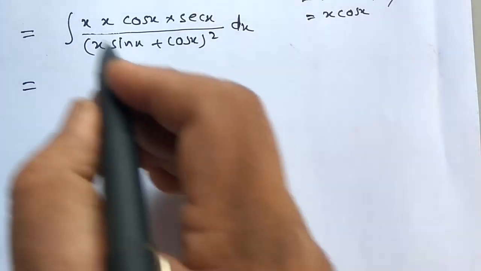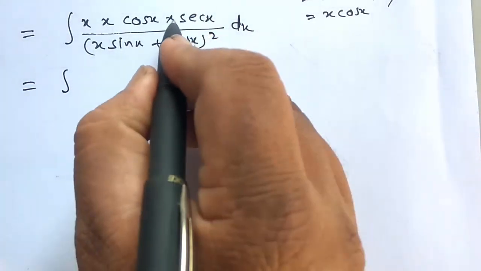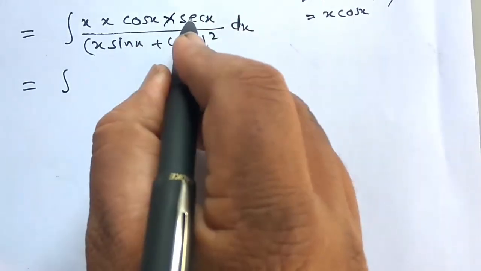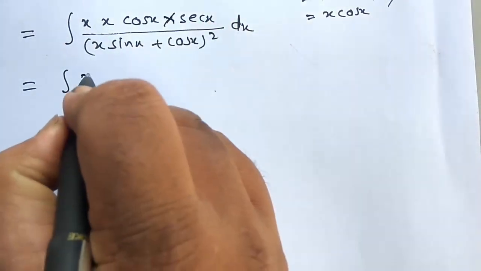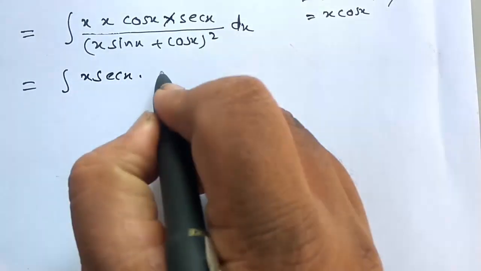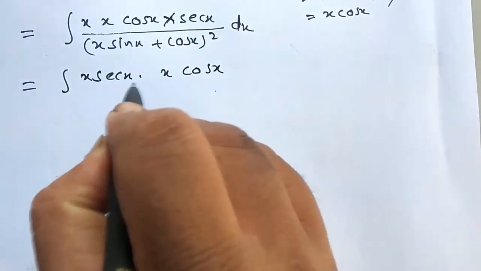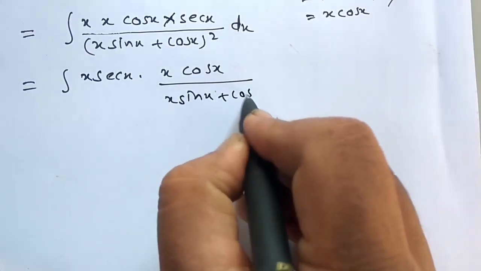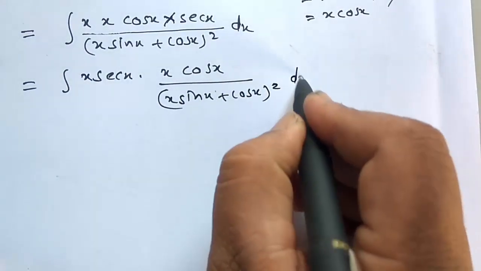So this is equal to the integration of x into sec x taken together, into x into cos x upon (x sin x plus cos x) whole square dx.